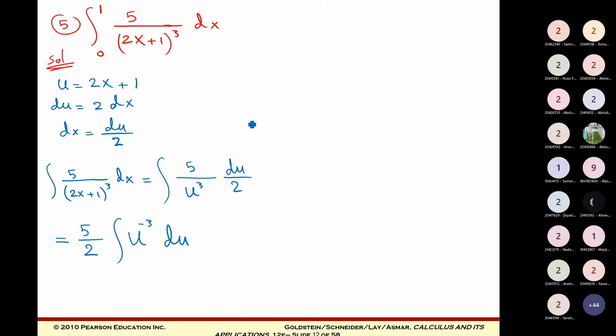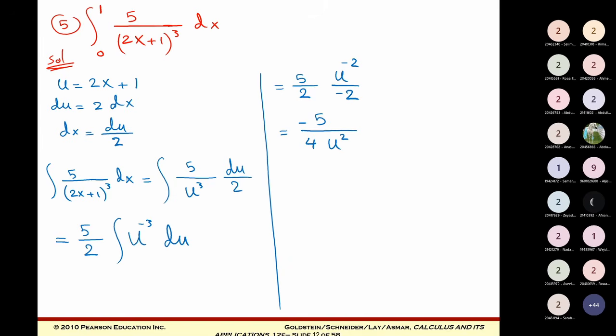This is equal to 5 over 2 times u to the power negative 2 over negative 2. This is equal to negative 5 over 4 u squared. Replace u with 2x plus 1, so we have minus 5 over 4 (2x plus 1) squared.